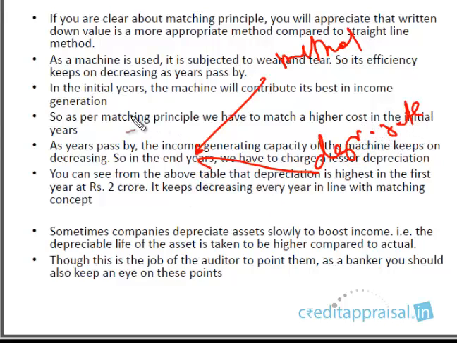So if the company wants to really affect the profit, either with a view to evade tax or show a higher profit, whatever may be the intention, it can play around with the method or the depreciation rate and affect the profit. This is something we have to keep in mind. So peruse the balance sheet carefully, read the significant accounting policies and the depreciation very carefully, so in case the company does anything strange, you can spot it.